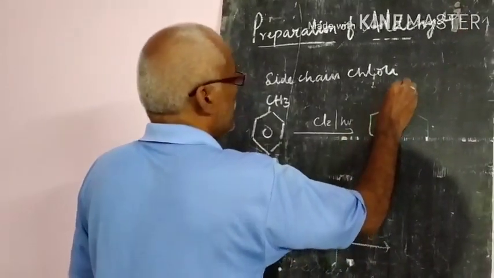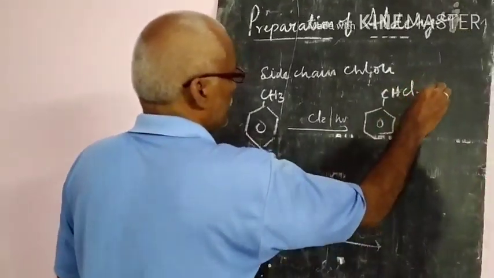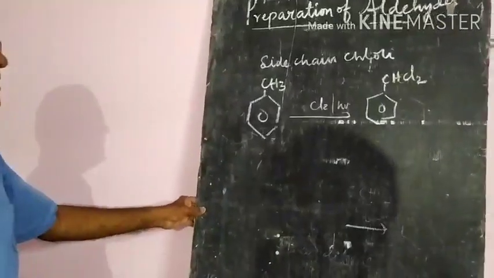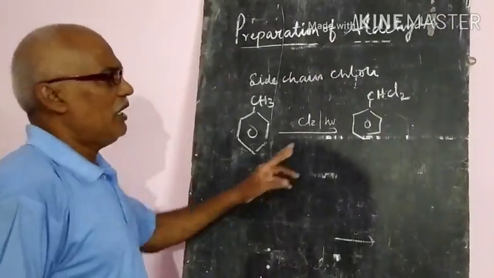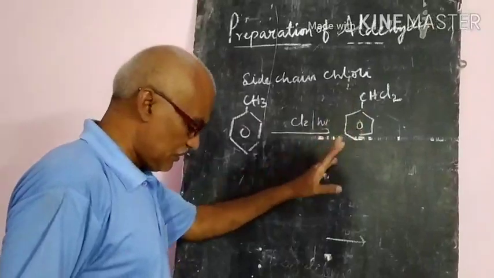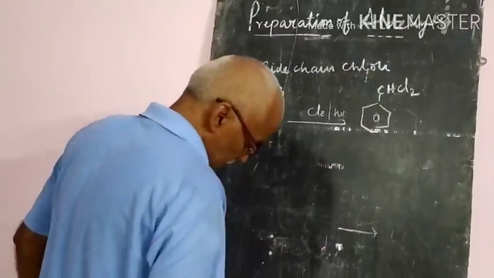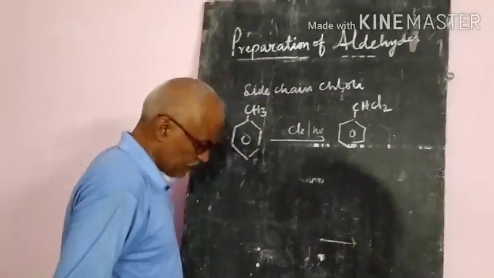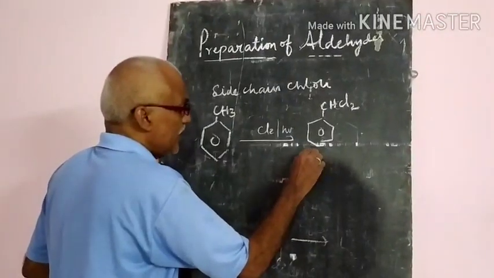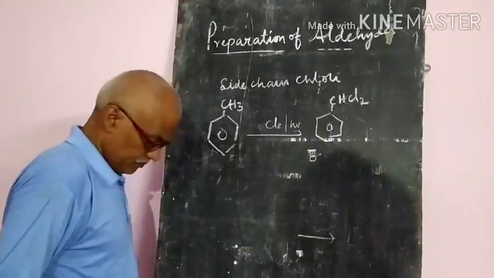You will get C6H5CHCl2, that means dichloro, this one. Okay, you will get it. Sometimes called benzyl chloride.